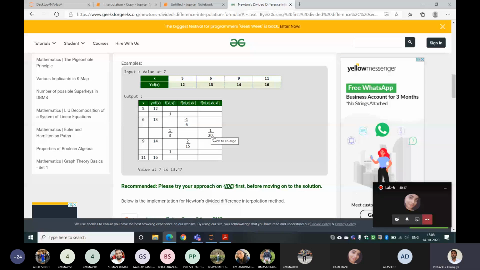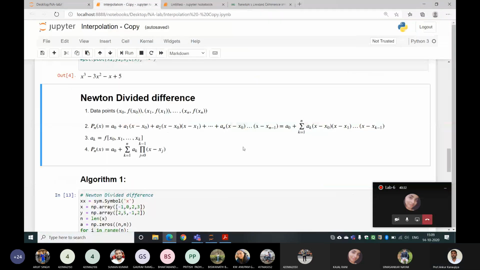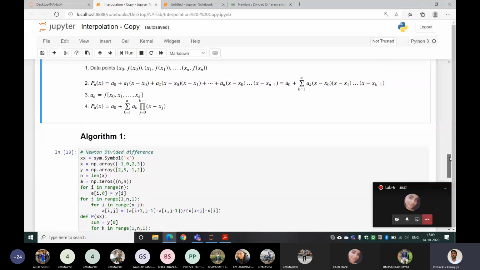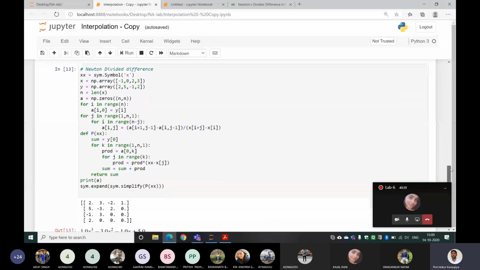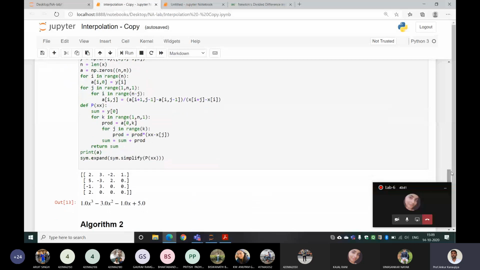Only the first entry of the column will be the values. Similarly, here the last entry in the column will be the value if you are using backward. So whatever code I wrote is only for forward. This table contains all the entries, but we need only the first entry, that means the first row only in each column.